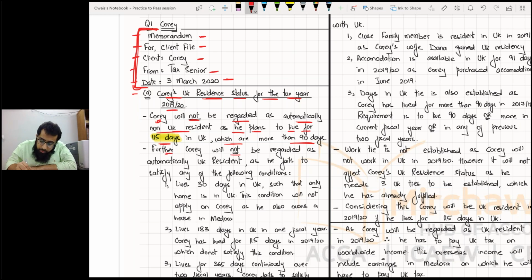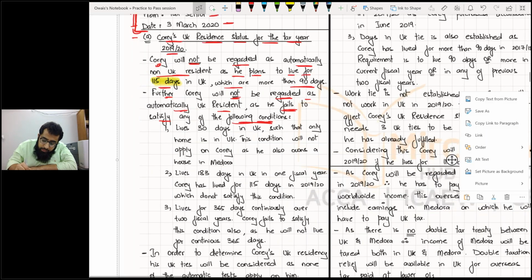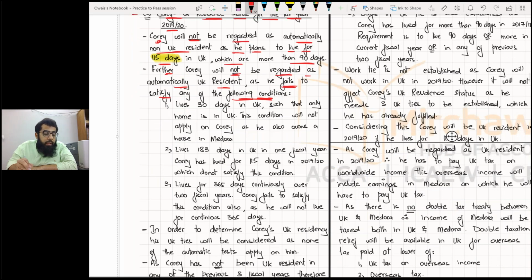Further, Corey will not be regarded as automatically UK resident as he fails to satisfy any of the following conditions. Lives 30 days in UK such that only home is in UK. This condition will not apply on Corey as he also owns a house in Medora. Live 183 days in UK in 1 fiscal year.